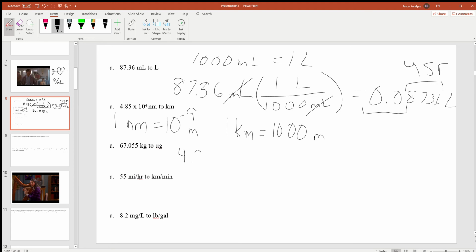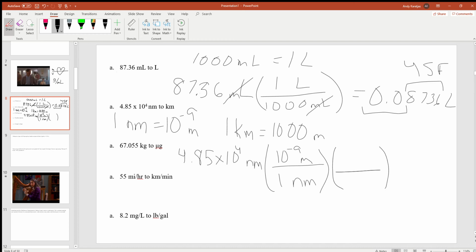So we start with our first number, our measured value, 4.85 times 10 to the 4th nanometers. We'll convert that to meters. Nanometers here go on the bottom, meters on top, and then we do a second conversion from meters to kilometers.